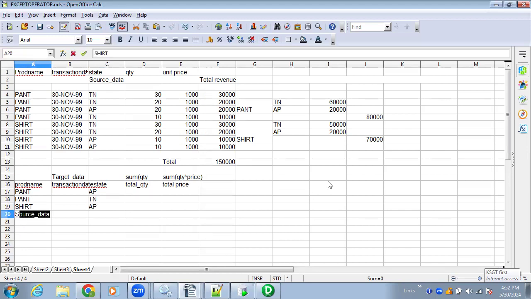So how many ever records are there, say around 8 records here, in my target table they are going to load only 4 records.